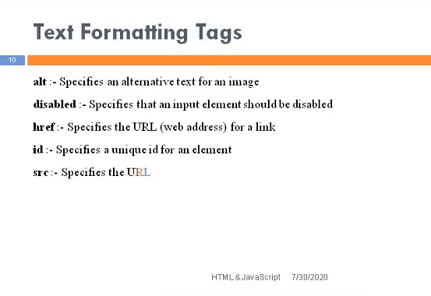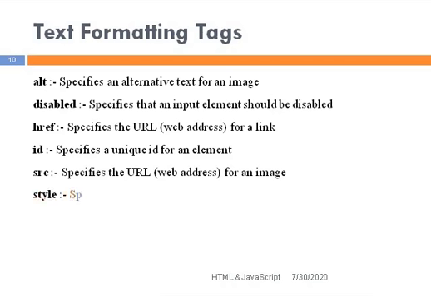It specifies the URL web address for an image. So this SRC tag is mainly used for specifying or linking a web address to an image. So if you click an image, that image will take you to a specific web address. So while clicking an image on a web page, you can be redirected to any other web page.